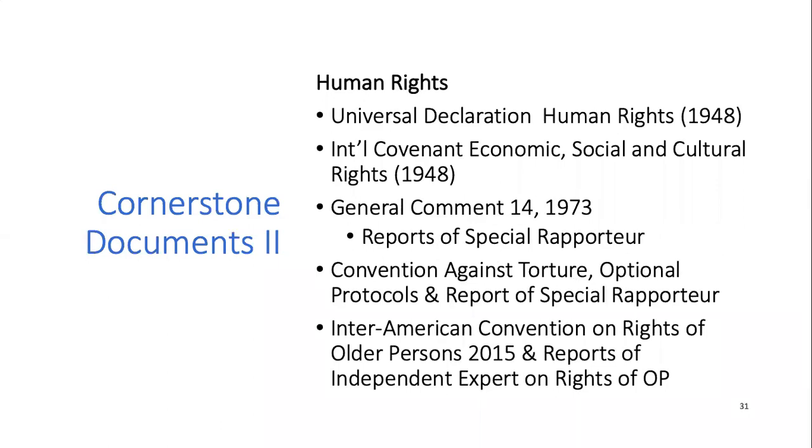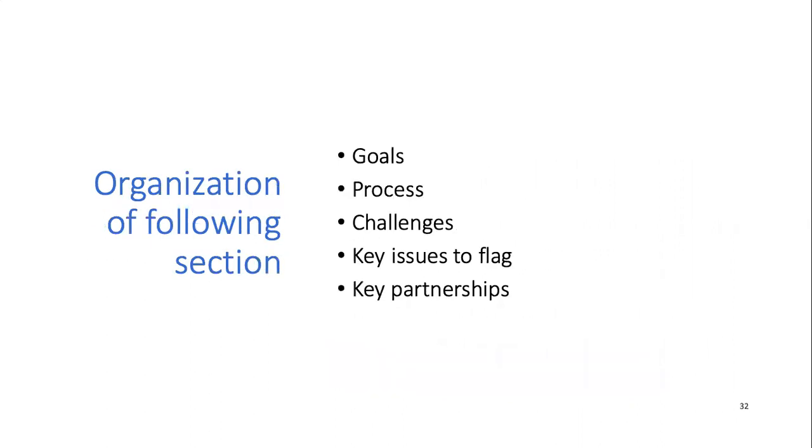And the other cornerstone document is the Inter-American Convention on the Rights of Older Persons and the reports of the independent expert on the rights of older persons. We'll be going into these documents in much more detail in the advanced course, and the particular provisions you can use in your advocacy in your country.